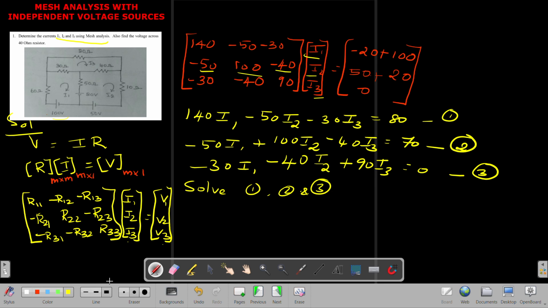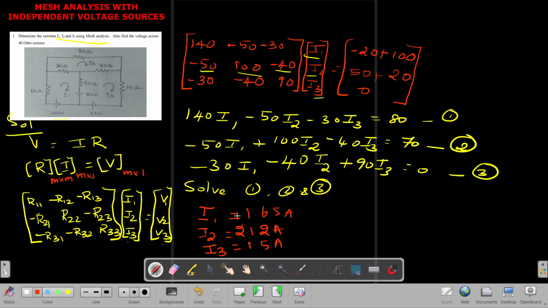After solving this, you'll get the answer as I1 equal to 1.65 ampere, I2 equal to 2.12 ampere, and I3 equal to 1.5 ampere.